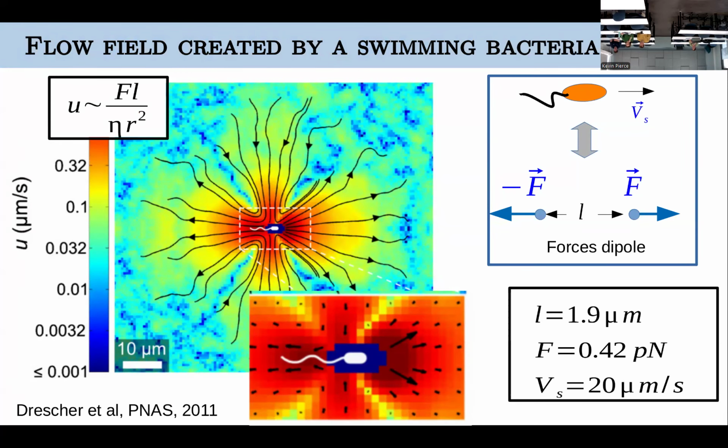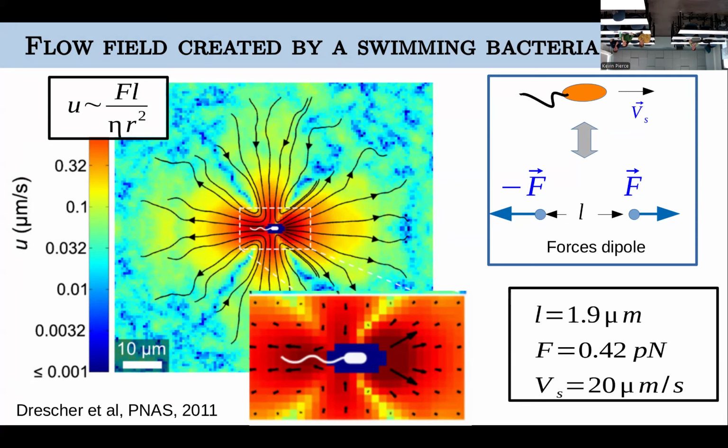that when a bacterium moves in a liquid, it also displaces the fluid around its body. It's what you can see on that image: the flow lines of the liquid in the vicinity of a bacterium. The bacterium pushes the liquid ahead, so you have a flow from the head, and also a push on the liquid behind.